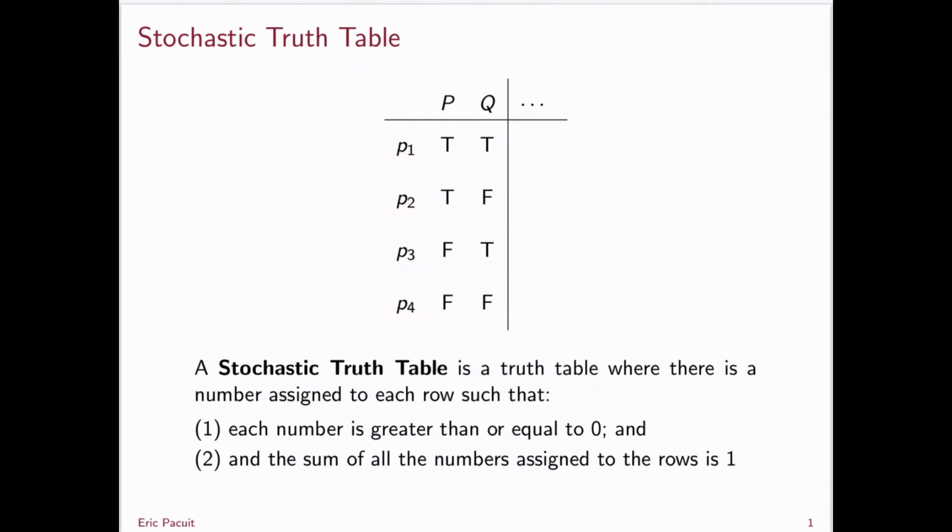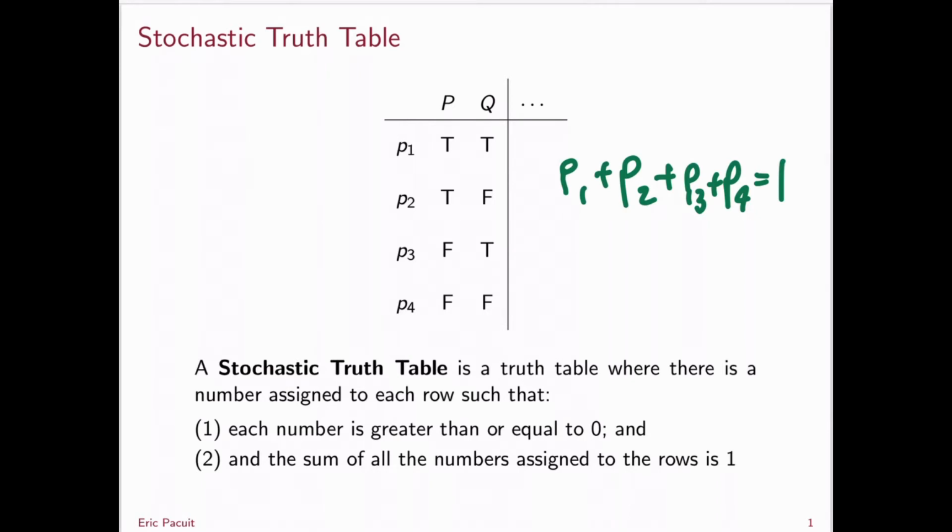And it's assumed that 2 things are true. 1, each number is greater than or equal to 0. And 2, the sum of all the numbers assigned to the rows must be equal to 1. That means that P1 plus P2 plus P3 plus P4 must be equal to 1.